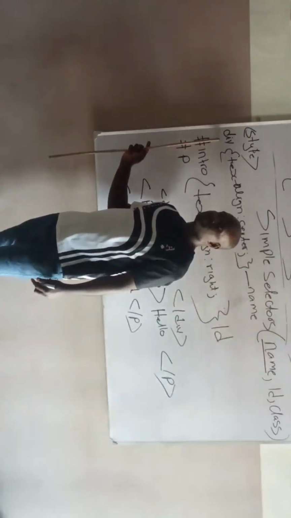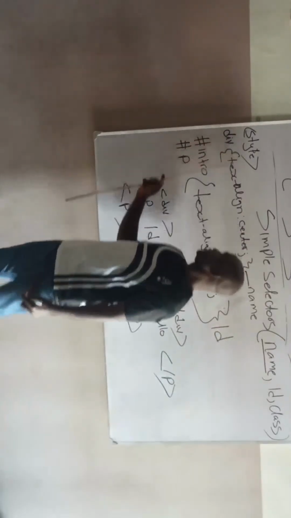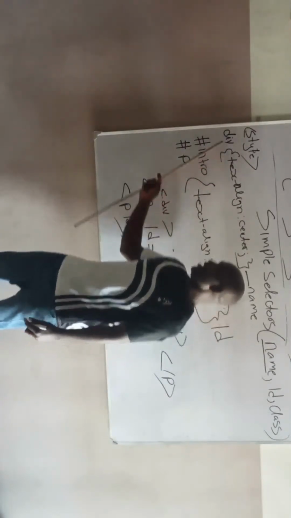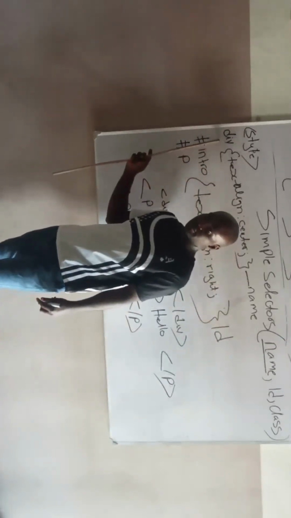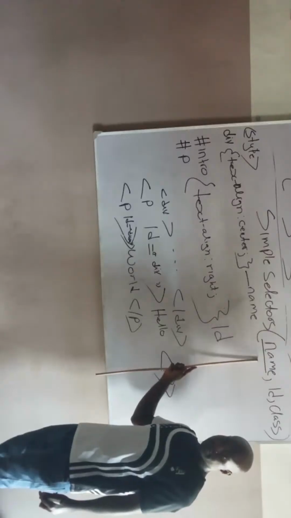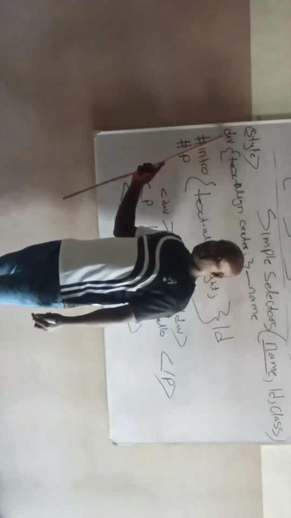Now pay attention, two of you, pay attention. This is your selection. This is a declaration of law. This is where you're having the confusion. Remember we said you select elements by the name of the element. This is the name of an element.